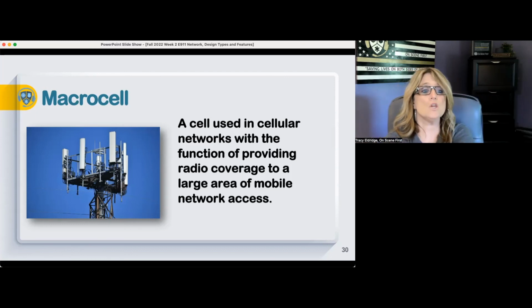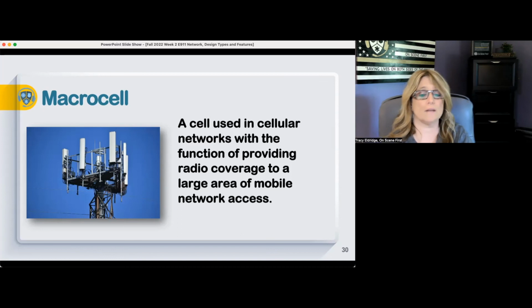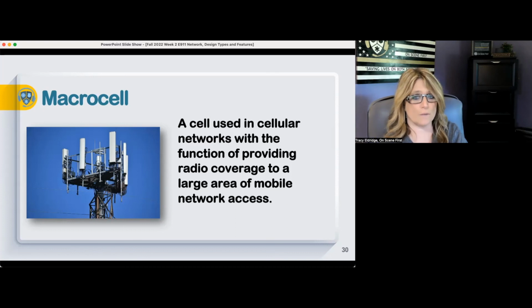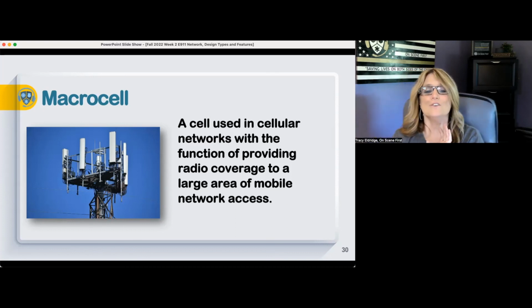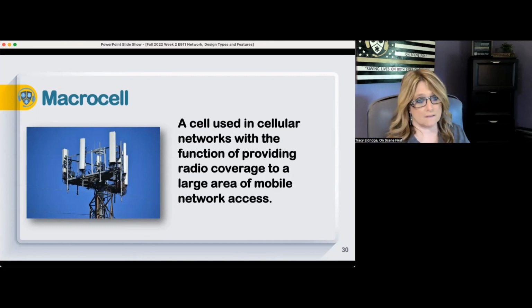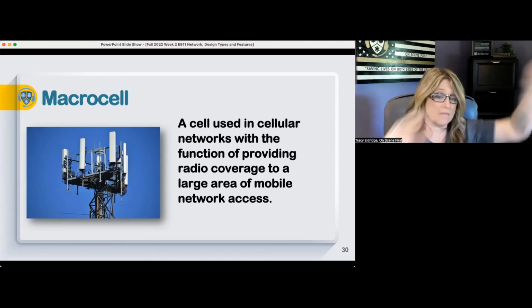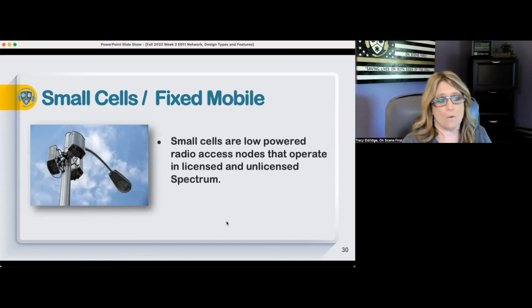It's a cell used in cellular networks with the function of providing radio coverage to a large area of a mobile network access area. So cells that are up on the towers.